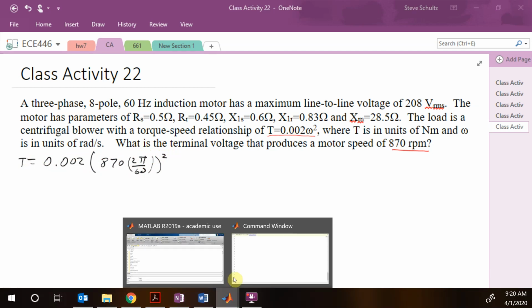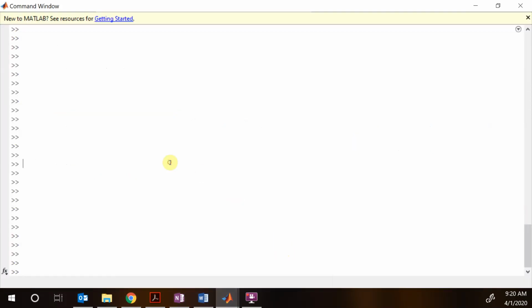So let's see what that is. So we want a torque equal to 0.002 times 870 times 2 times pi divided by 60, squared.